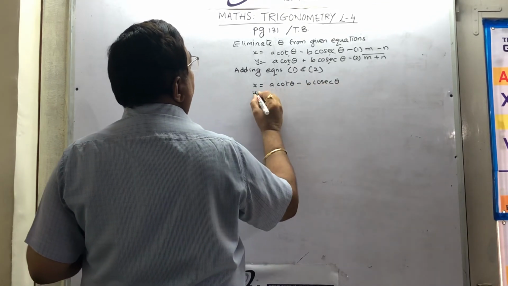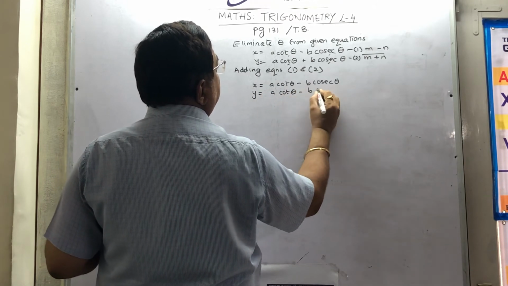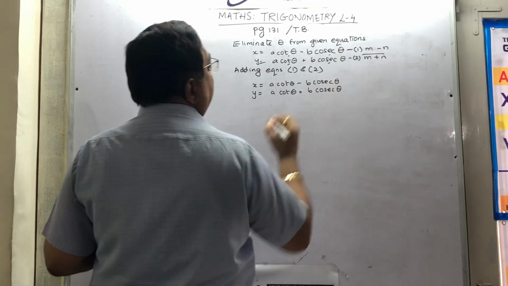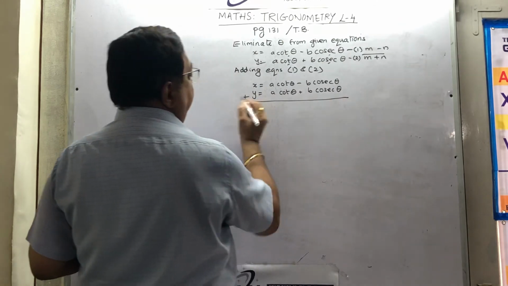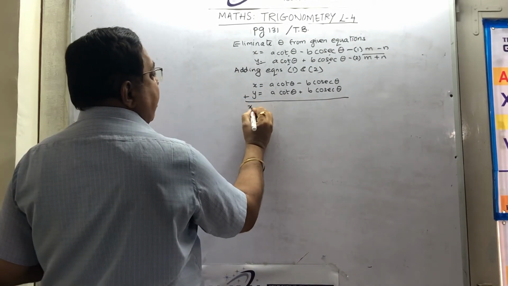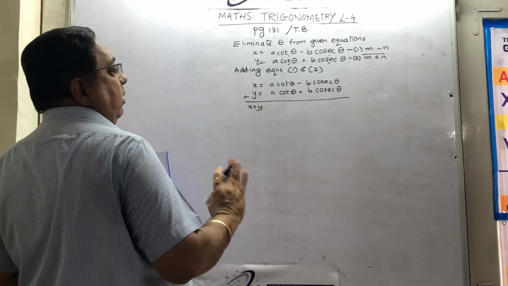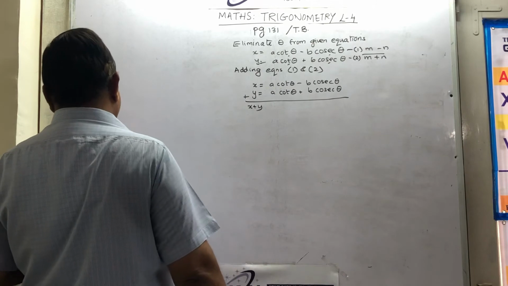I have y is a cot theta plus b cosec theta. I brought it from the top. Now I have to add it. Here I will get x plus y. I don't know what x is, I don't know what y is, so I have to keep it as the variable x plus y.